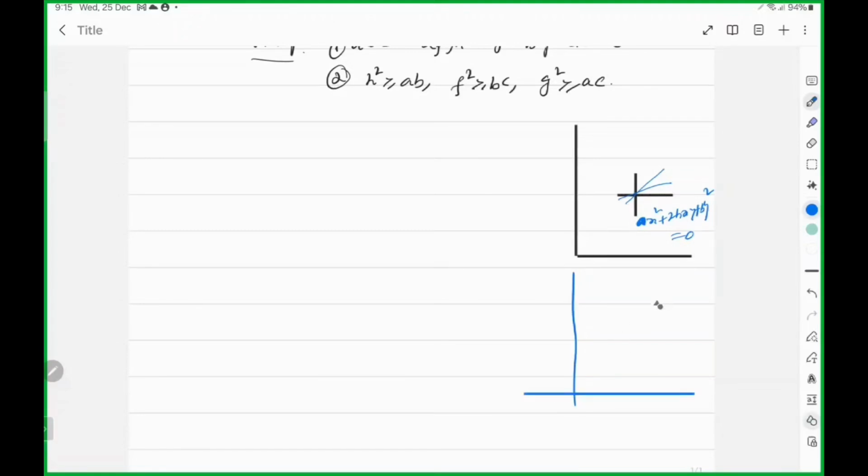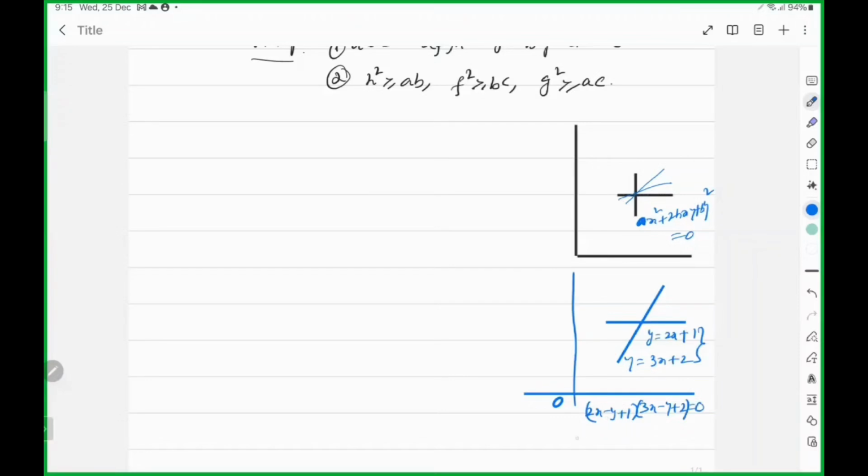Suppose two lines are not passing through the origin, then you have, like, y = 2x + 1, the other is y = 3x + 2. So once you multiply it, (2x − y + 1)(3x − y + 2) = 0.